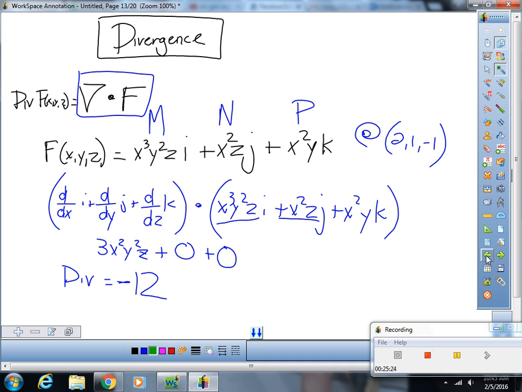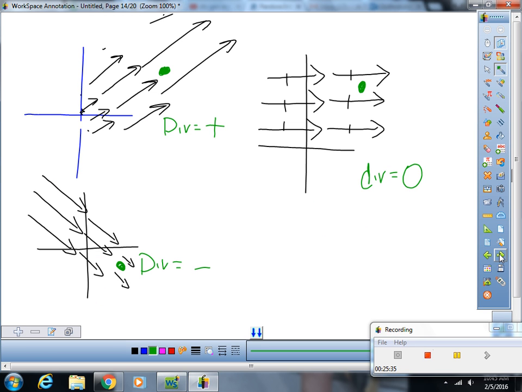Okay, so summarizing some things. Divergence gives us a constant, or a scalar, as the answer. What Mr. G hypothesizes is that that represents the change in the magnitude of the vectors in a field. So here you can see that at this point the vectors are getting smaller.